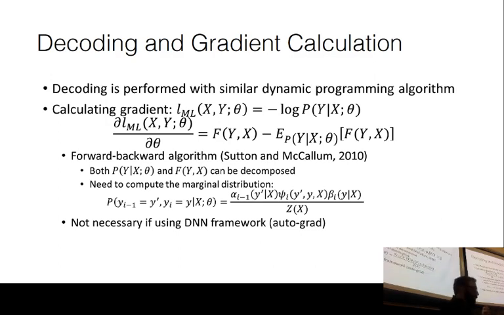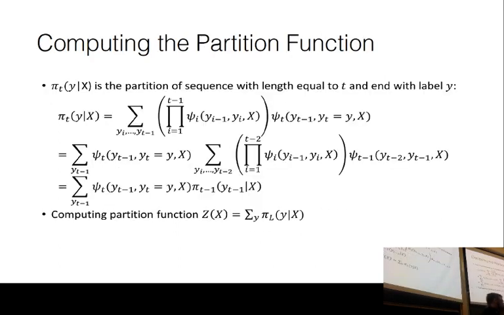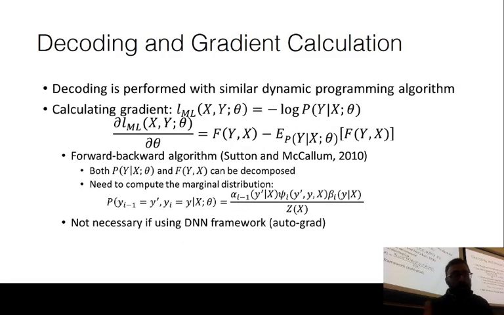So this is how we populate it. Now we calculated this Z of x, which was the denominator that we needed. So how do we decode? When we went forward through the CRF, we had the summation for every state.